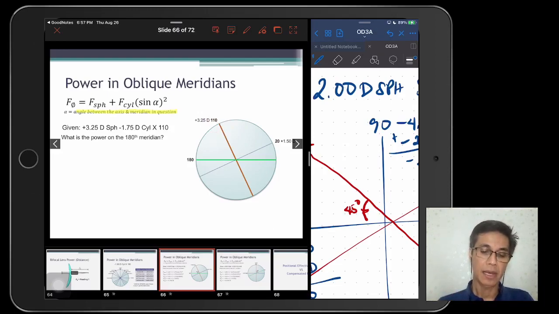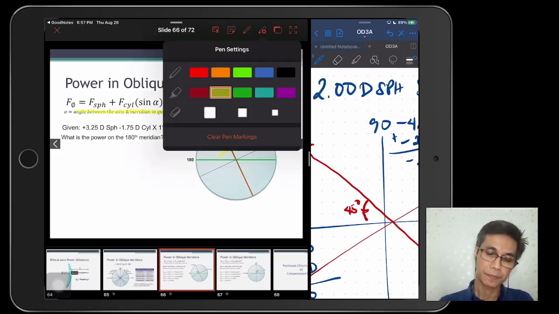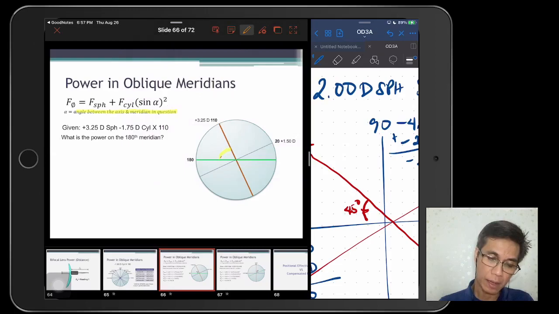Ano ngayon ang ating angle alpha? Is it 30 degrees? Is it 45 degrees? Ito daw ba ay 30 degrees from the axis? Yan daw ba ay 45? Yan daw ba ay 60 degrees? Di ba? None of the above yan. Hindi siya 30 degrees, hindi siya 45 degrees, hindi rin naman siya 60 degrees.